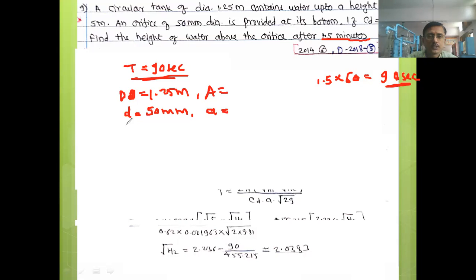Then H is given, the height up to which water is filled; we can say it is H1. H1 is given as 5 meter, and CD is given as 0.62. We have to find the height H2 after this time t equal to 90 seconds.